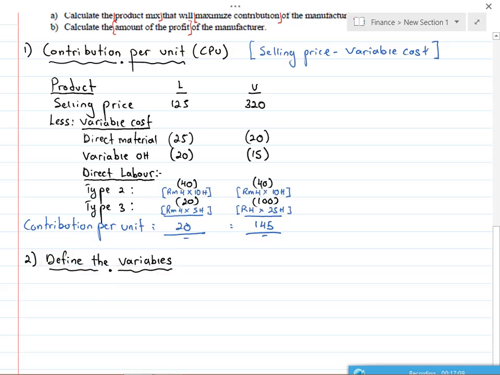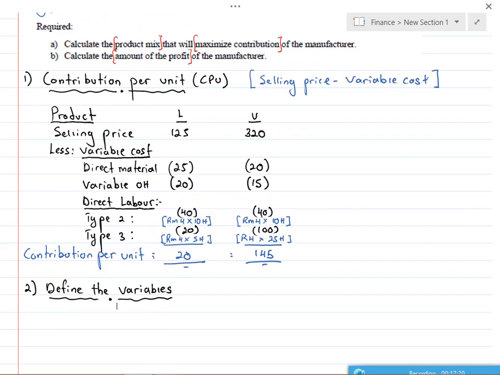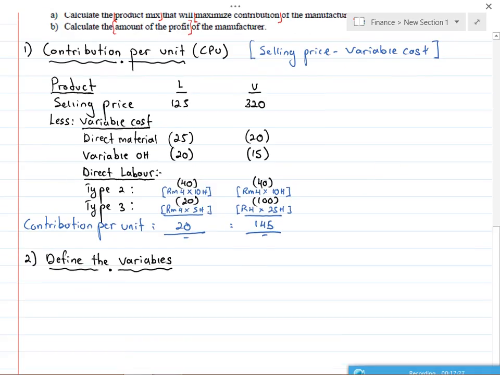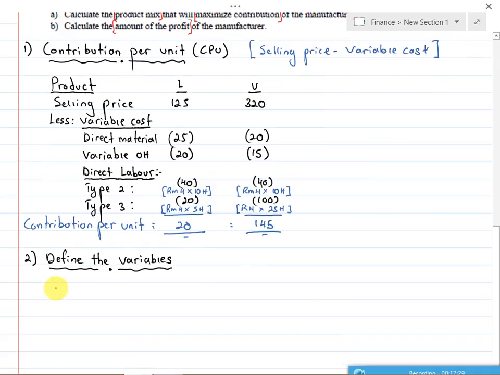Now, what I told you is that in linear programming you only have two variables, x and y. So you have to find what your x is and what your y is. You have to change your products L and U into X and Y. So you just define them. Let L and U be X and Y. That's all.